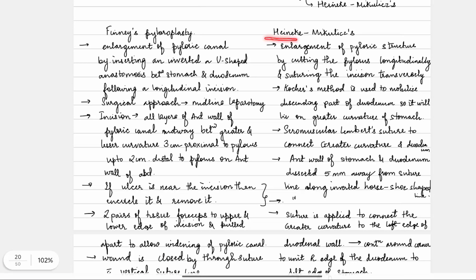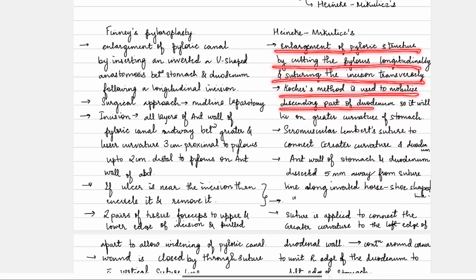Wound is closed by through suture with vertical suture line. Next is Heineke-Mikulicz. It is enlargement of the pyloric structure by cutting the pylorus longitudinally and suturing the incision transversely. Kocher's method is used to mobilize the descending part of the duodenum so it will lie on the greater curvature of the stomach. Seromuscular suture to connect the greater curvature and duodenum.